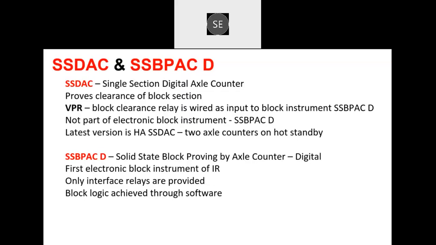It takes one input from the axle counter along with other inputs from station signaling. It is the first block instrument of its kind on Indian Railways. Only interface relays are used for input and output, and block logic is achieved through software. So this is the basic difference: one is an axle counter, and the other is an electronic block instrument which takes one input from the axle counter along with other signaling inputs.